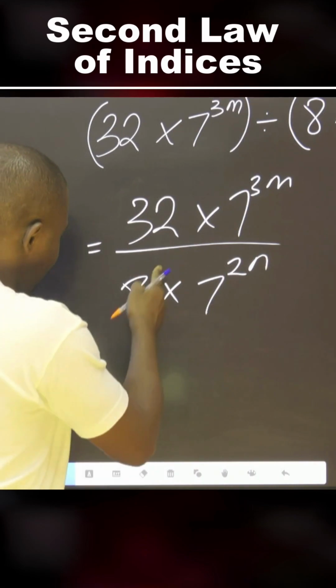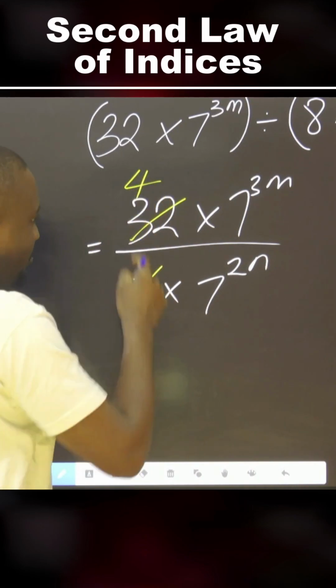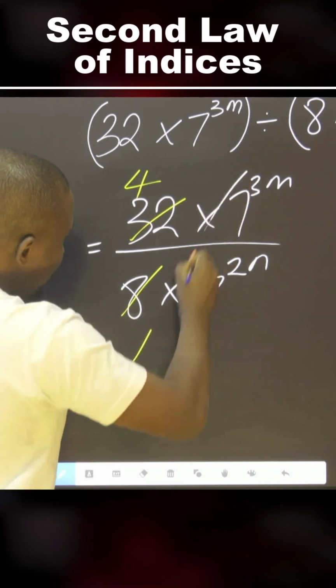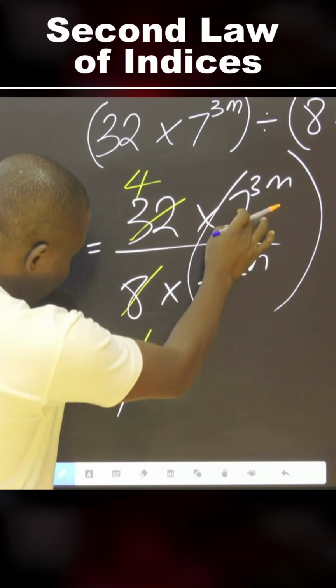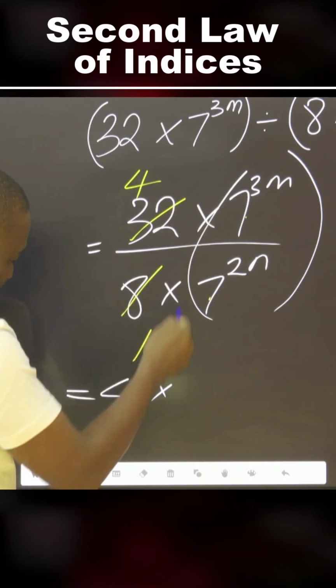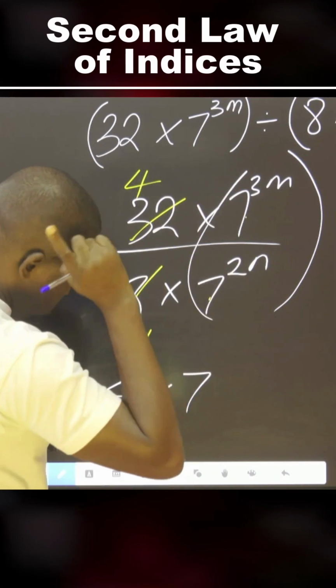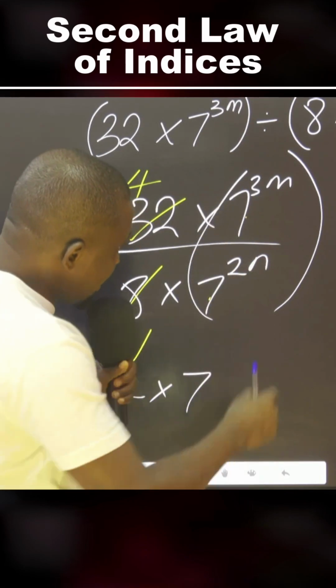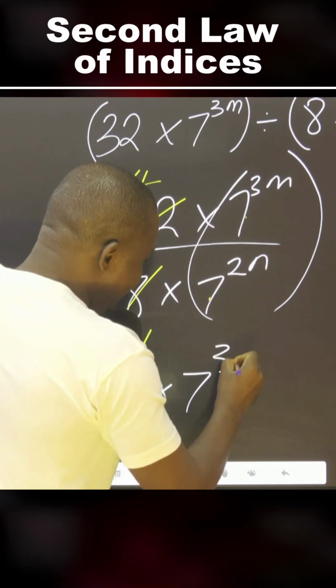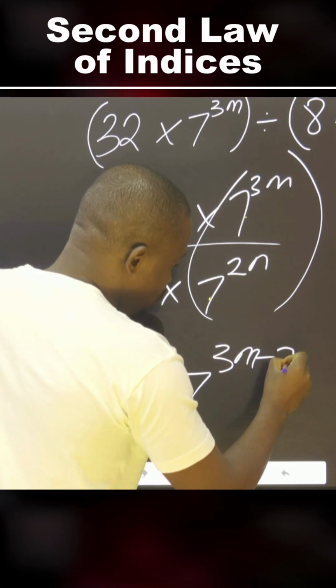Is 4. 1, 4. Okay? That means we have 4 now. What about these two guys? 7 and 7. We put multiply here because of this multiply. We put 7. One of the parents. This and this are the children. Means 3m minus 2n.